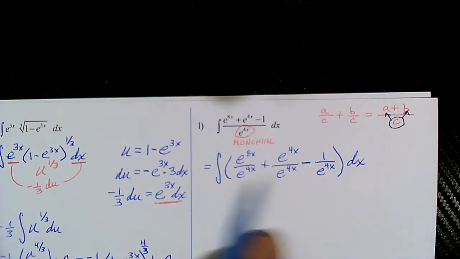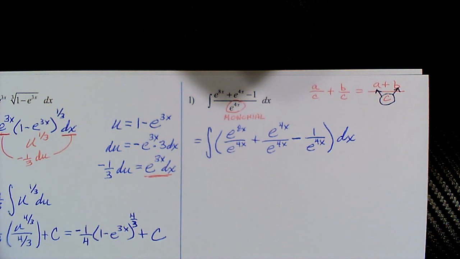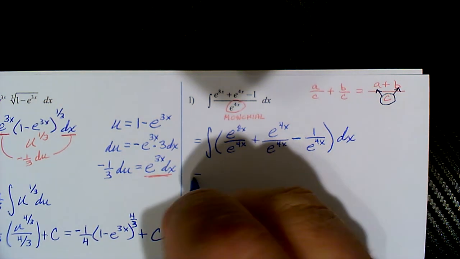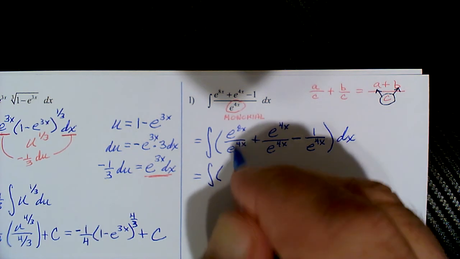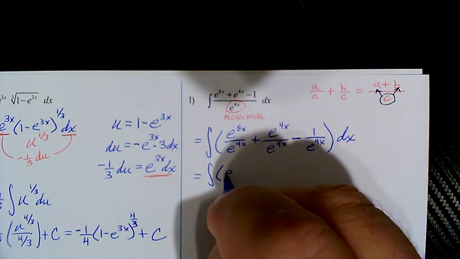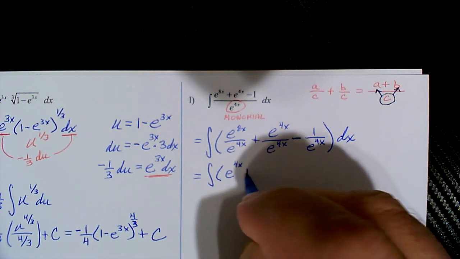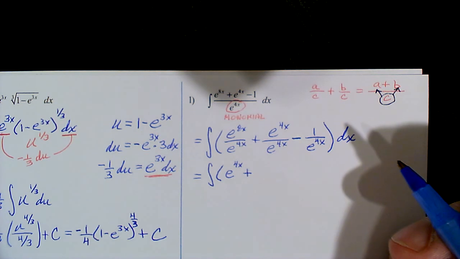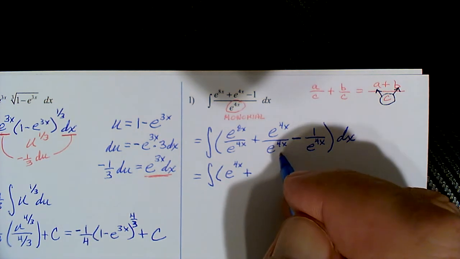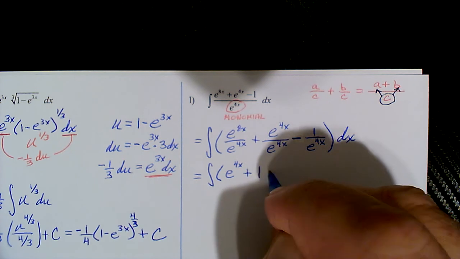And notice that I actually needed a set of parentheses there because I separated it into three integrals. Now we're going to simplify, and when we're dividing common bases, we keep the base and we subtract the exponents. So this will be e to the 8x minus 4x is 4x. For this next term, we probably just look at that and think cancellation to get 1, but if you thought of dividing common bases, you'd get e to the 0, which is 1.